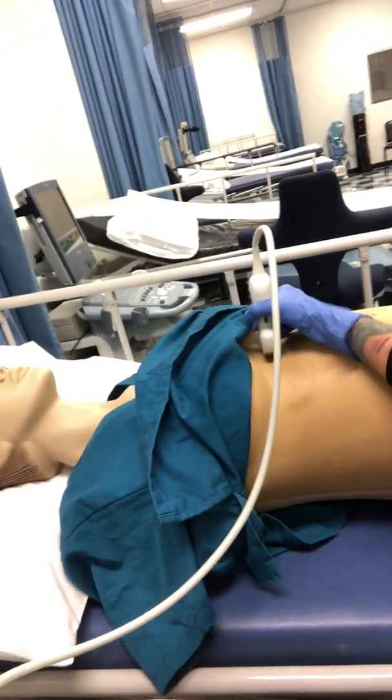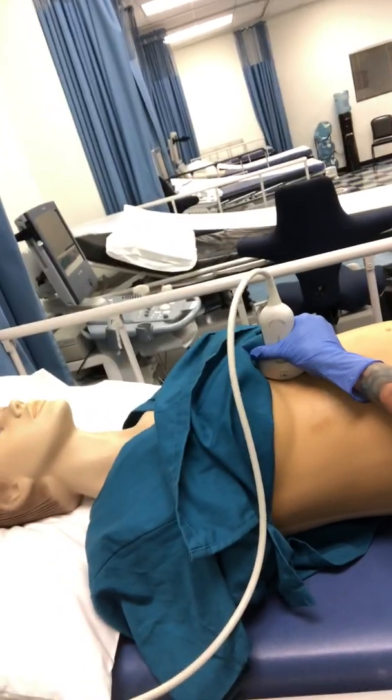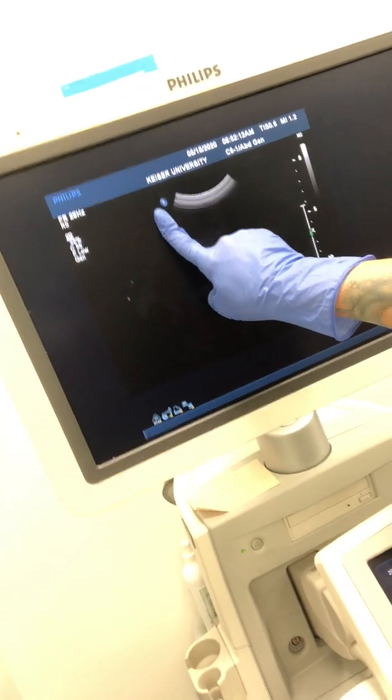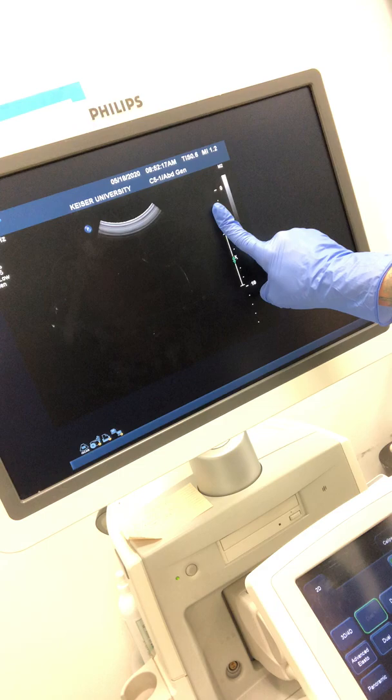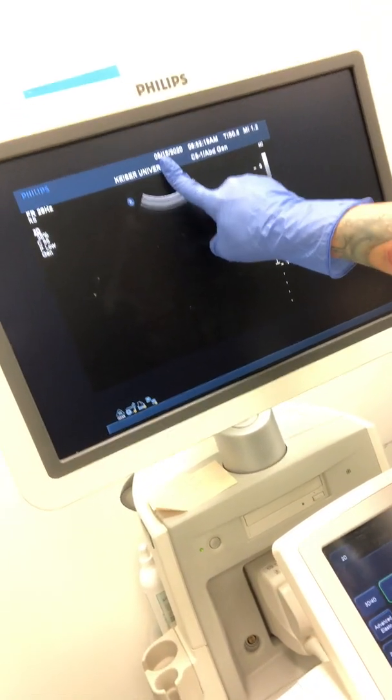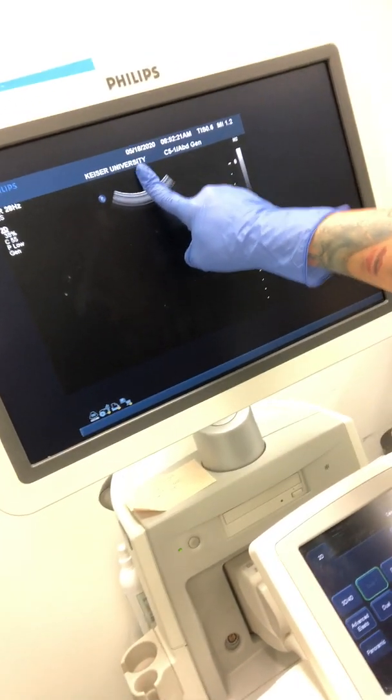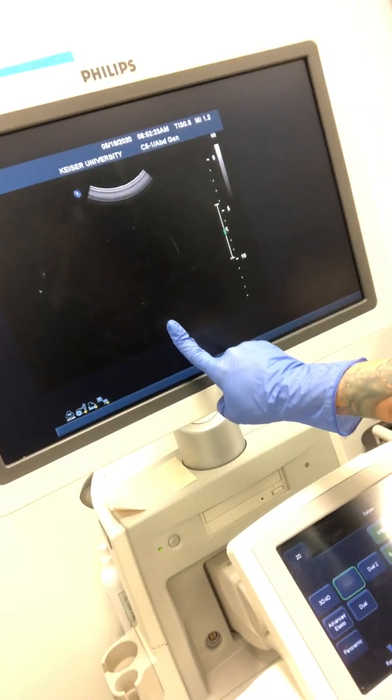So again, in sagittal, where our notch would be pointing towards the patient's head, you would have superior on the left side of the screen, inferior on the right side of the screen, and then we're scanning from the patient's anterior, and the beam is traveling towards the patient's posterior.